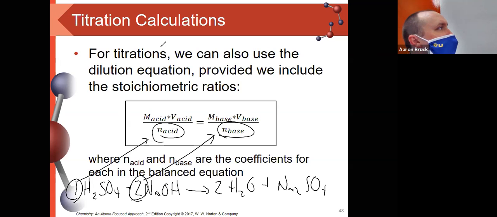You could not get the correct answer. In fact, you would end up getting off by a factor of 2, which can be pretty devastating if you're trying to measure things out and estimate.